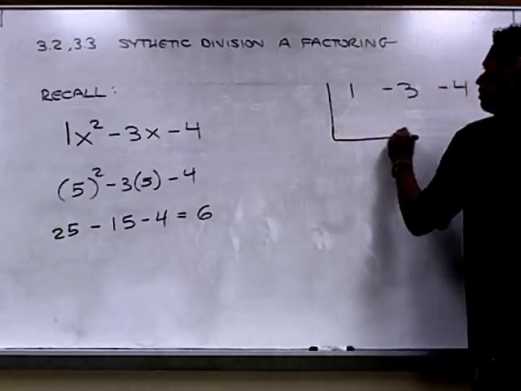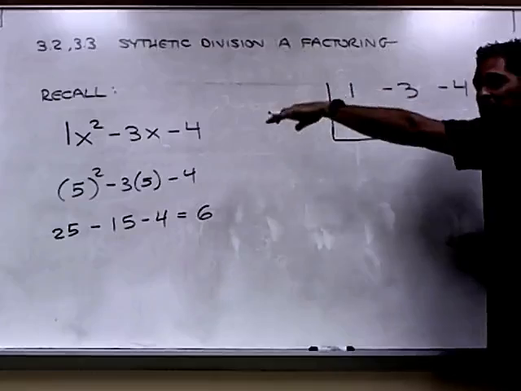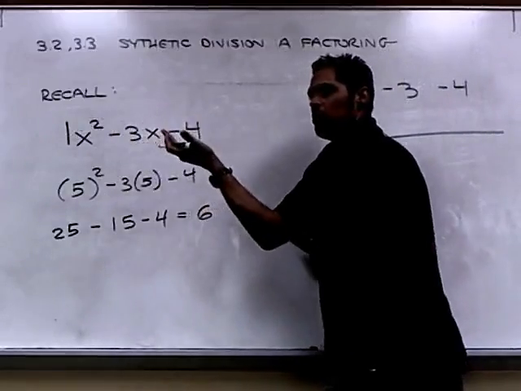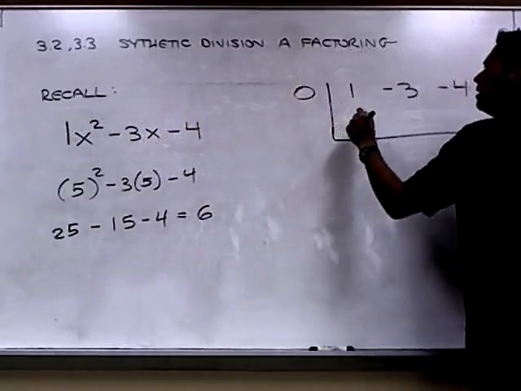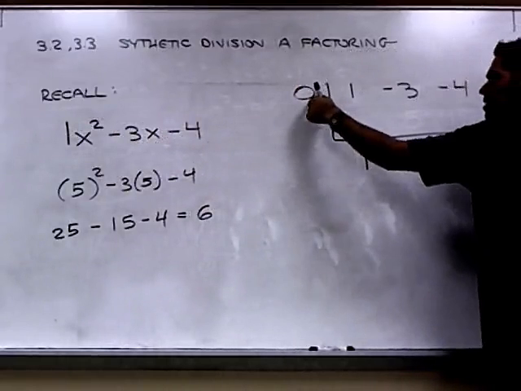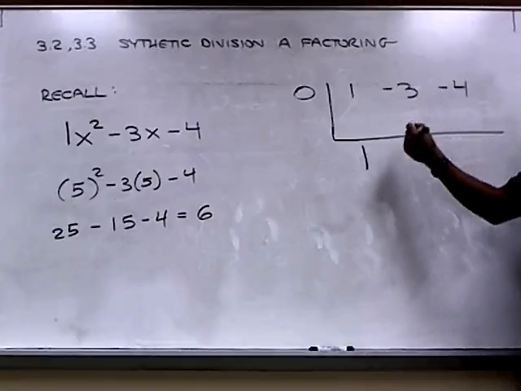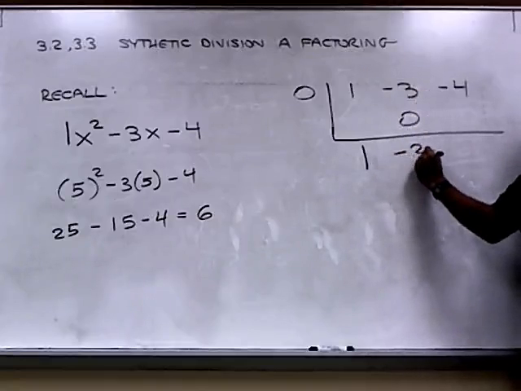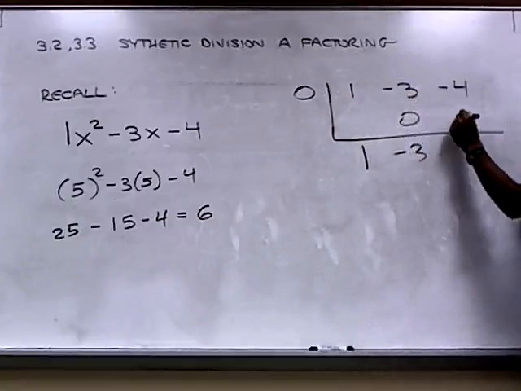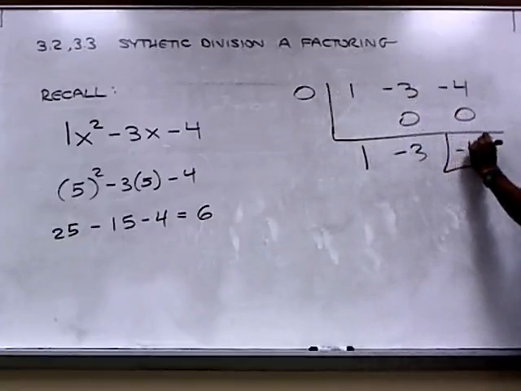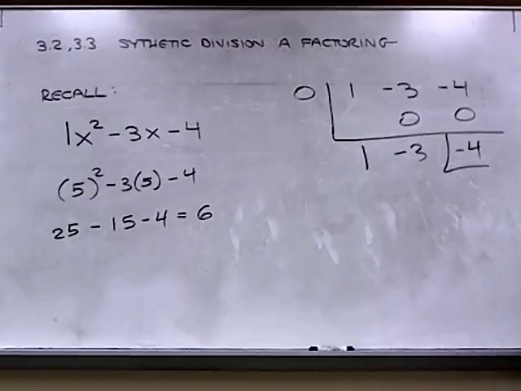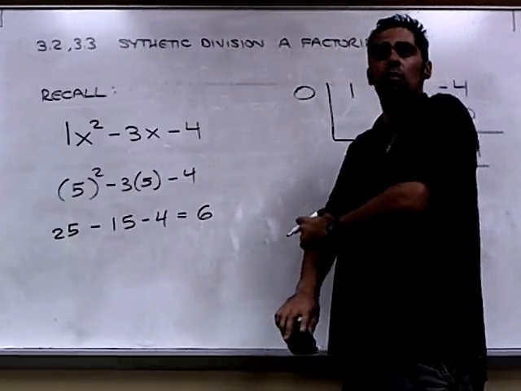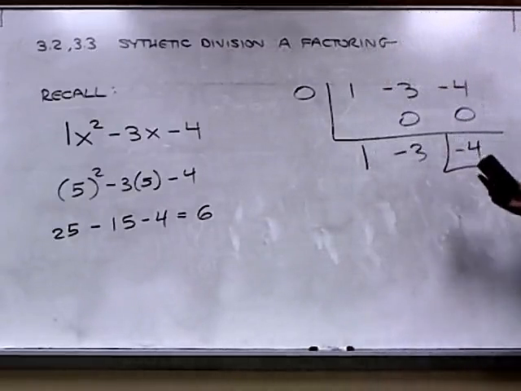Just plug 0 in there and it kills this off and this off and we get negative 4. Well, let's try it over here. 1 comes down, right? What's 0 times 1? 0, right? Add down, negative 3. 0 times negative 3, 0, add down, negative 4, right? That just gives us a little more confidence that it is working. Now, I'm not here to prove to you it'll always work. You just have to take it on faith that that's always going to work.